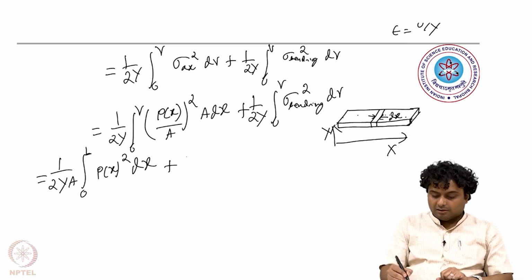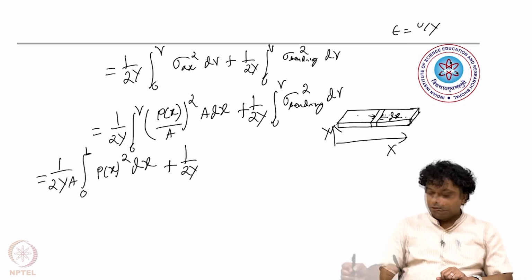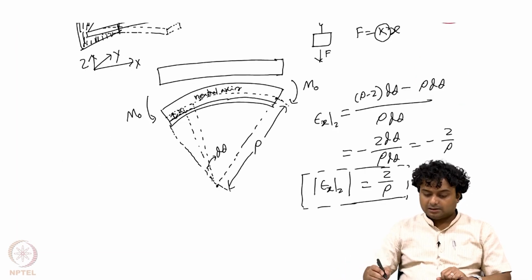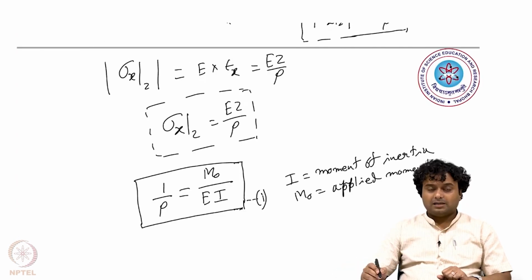And here for sigma bending we will refer to one of the earlier results that we got. For this pure bending case, we got that at a distance z from the neutral axis, the stress is Ez by rho, where E is the Young's modulus, z is the distance from the neutral axis, and rho is the radius of curvature.